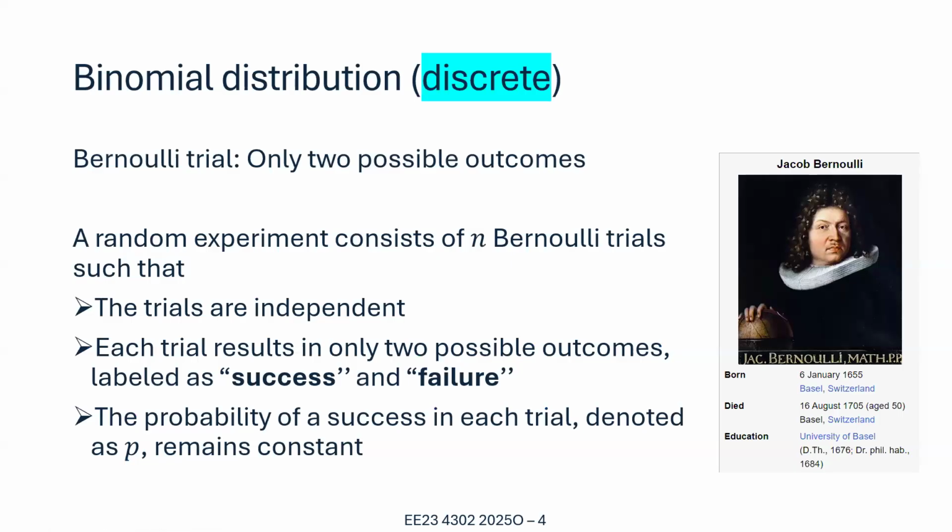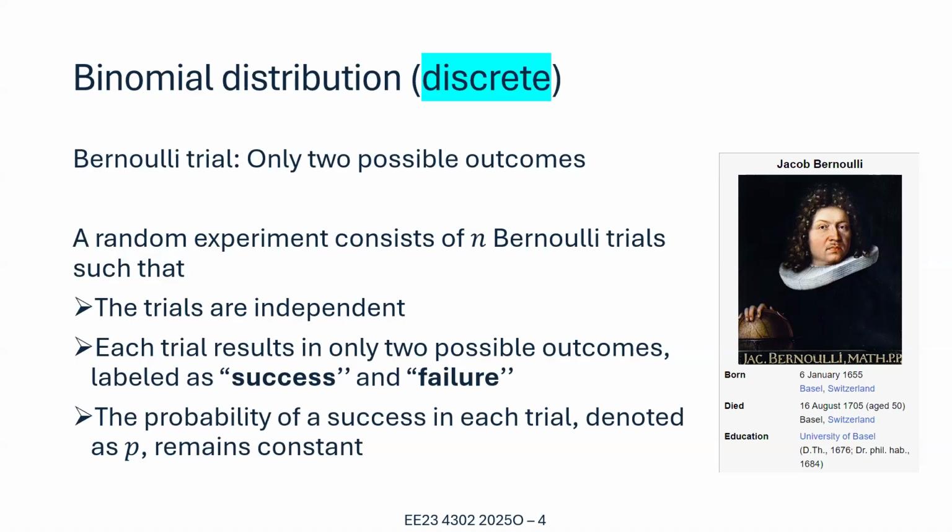Now the next distribution that we look into is the binomial distribution, which is actually for a discrete random variable. So the binomial distribution here is closely related to what we call the Bernoulli trial.